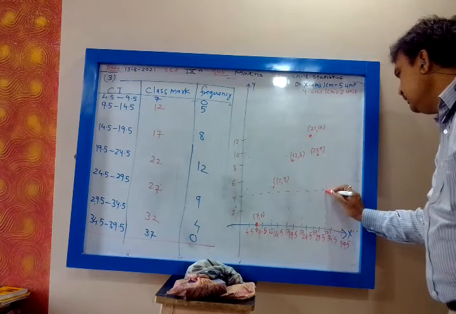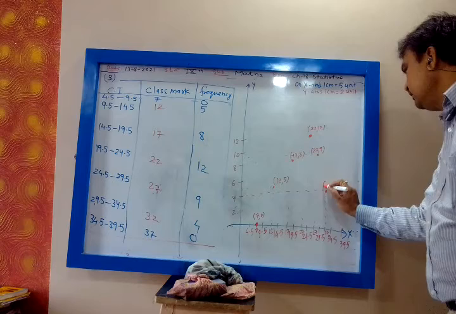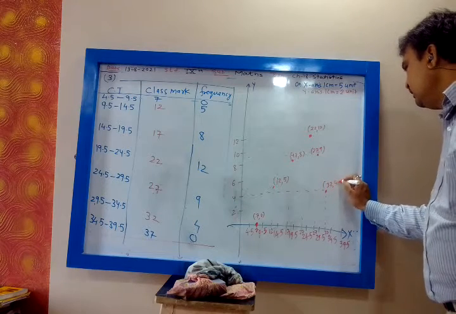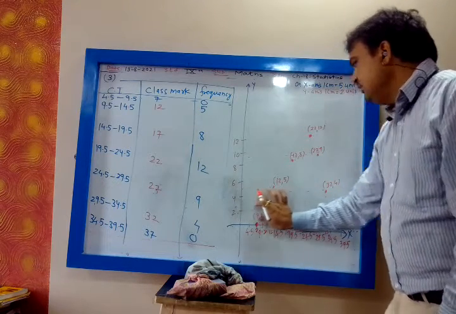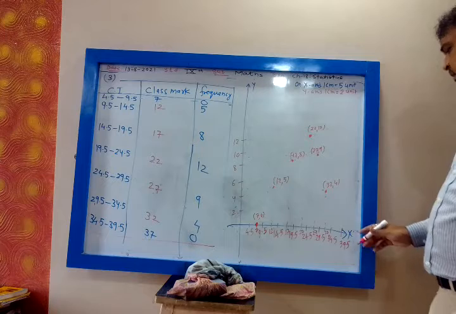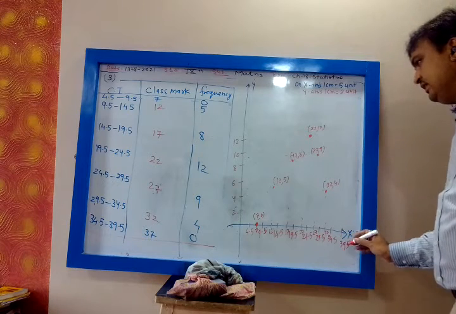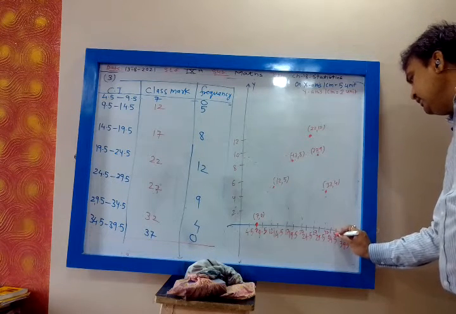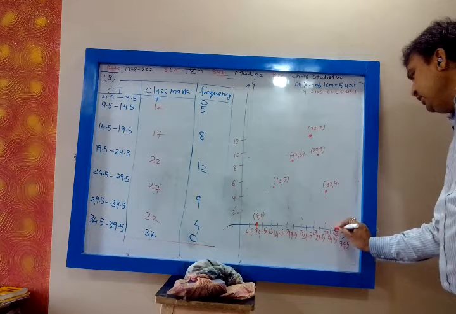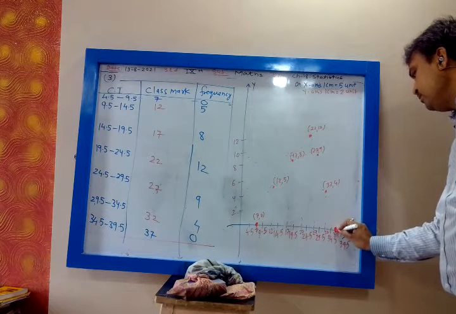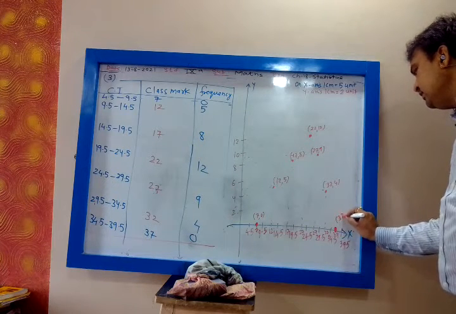Are you understanding this? Then 37 and 0. So this is my point 37 comma 0.